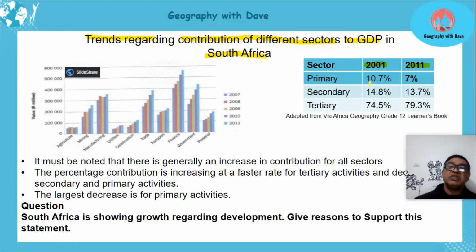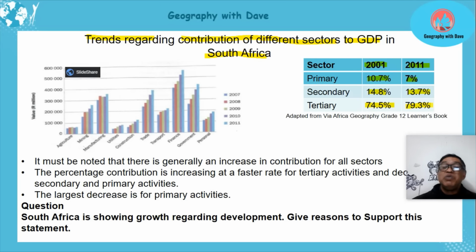And what we noticed is that in the primary sector, it dropped from 10.7 to 7%. There's a drop. In the secondary sector, it dropped from 14 to 13.7. And in the tertiary sector, it increased from 74.5 to 79.